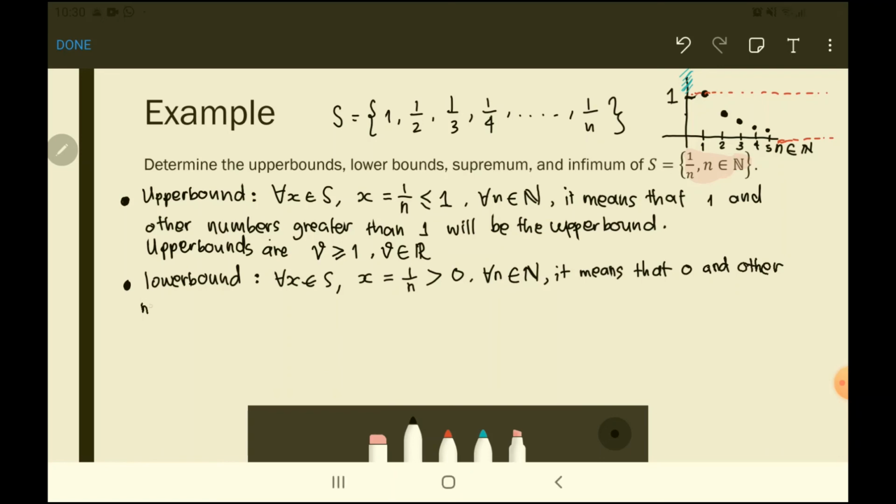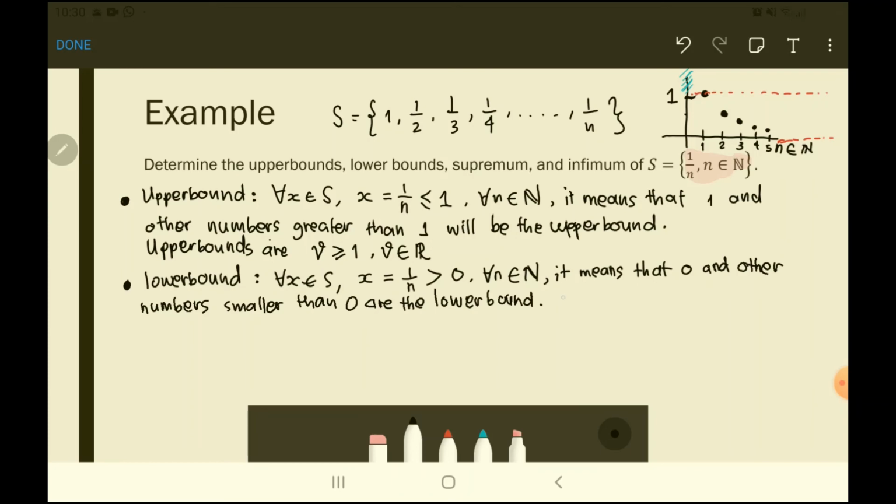0 and other numbers smaller than 0 are the lower bounds.